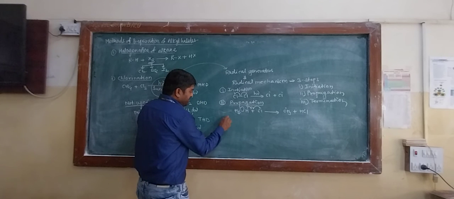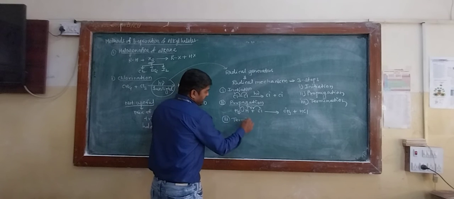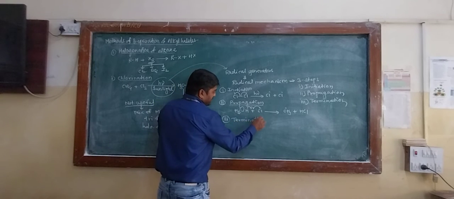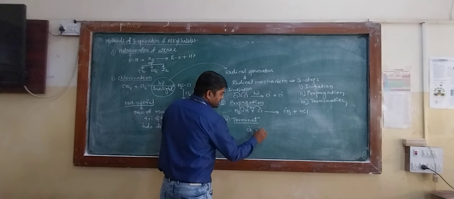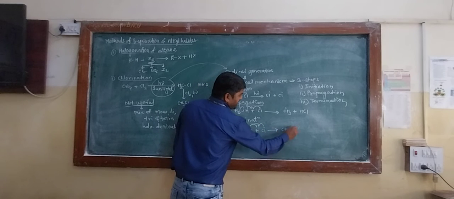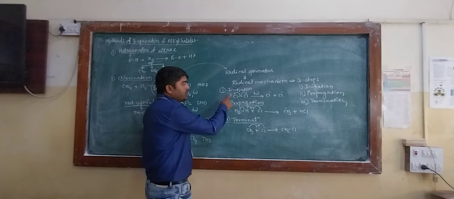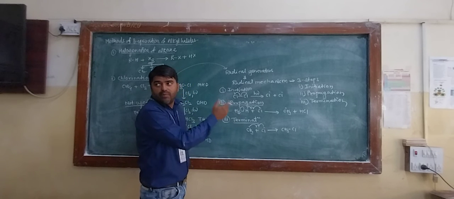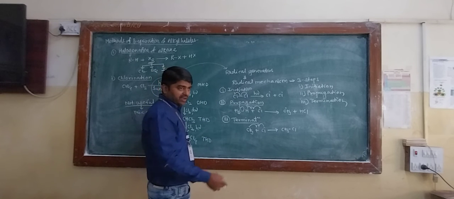While in the third step, the termination step, the CH3 radical combines with Cl radical. It gives CH3Cl. So this is the formation of product. So how to identify the initiation step? We have a neutral molecule at the left hand side and radicals at the right hand side.